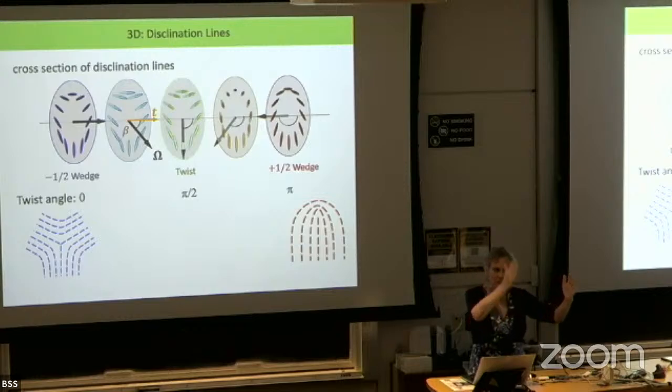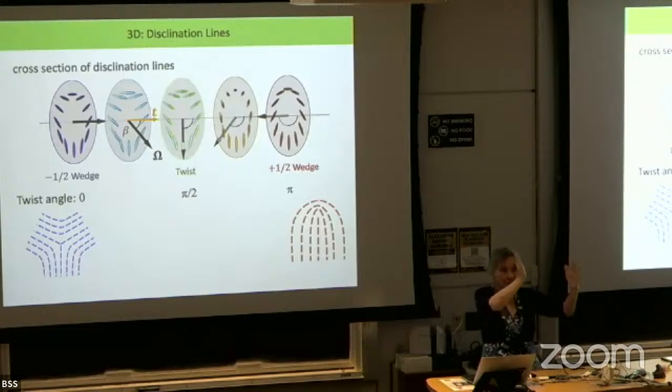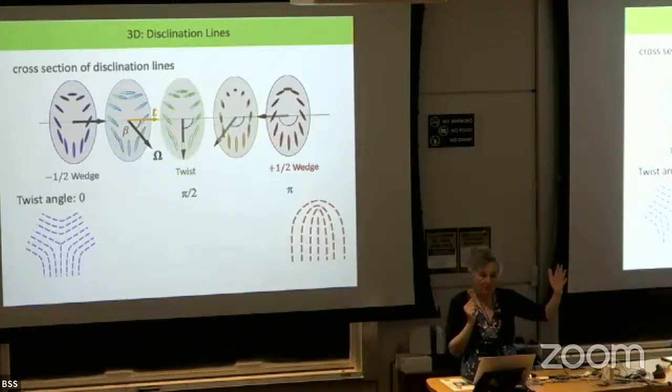And then you can also get these new things, which are called twist defects, where the nematogen twists out of those 2-dimensional planes and points in the 3rd direction.